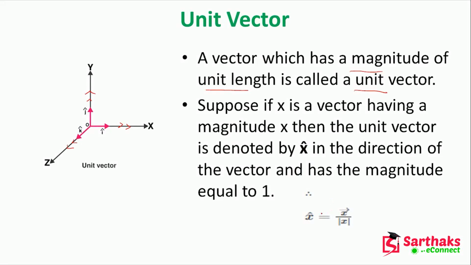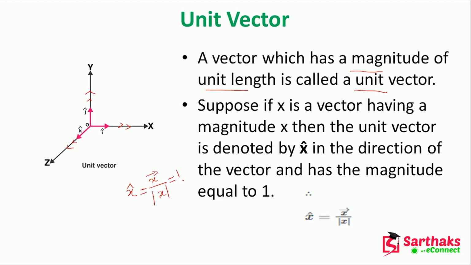So x cap equals the x vector divided by the magnitude of x, and that should be equal to 1, right? So this is our unit vector.